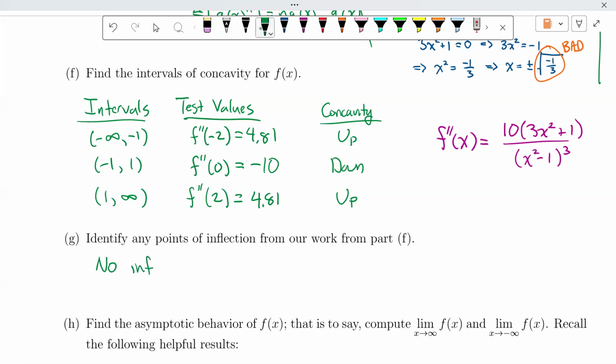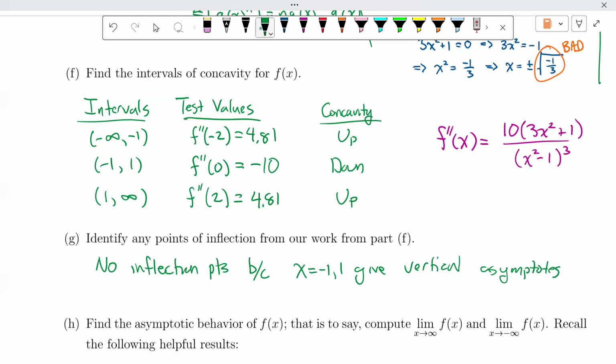Does anyone know why -1 and 1 don't work? Yes. Because x equals -1 and 1 give vertical asymptotes. So that's why it's the first step, because otherwise you're wasting a lot of time trying to evaluate your critical points and your local extrema, and they're just a bunch of vertical asymptotes.